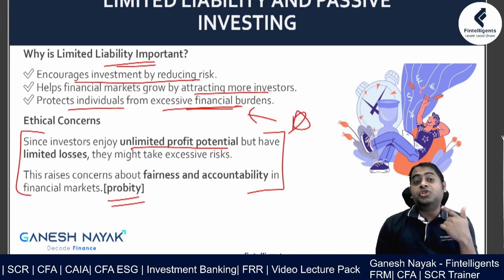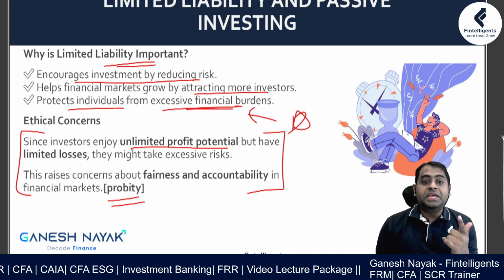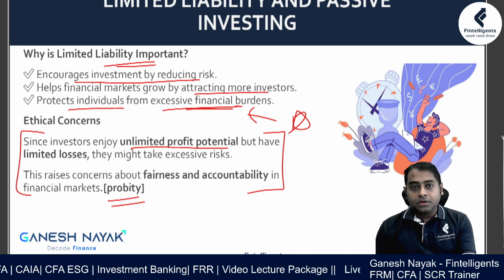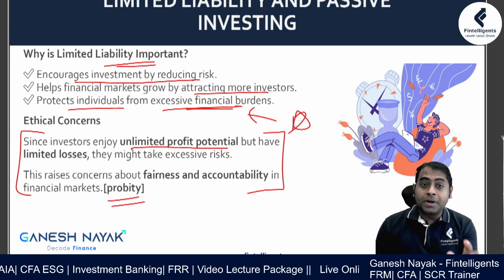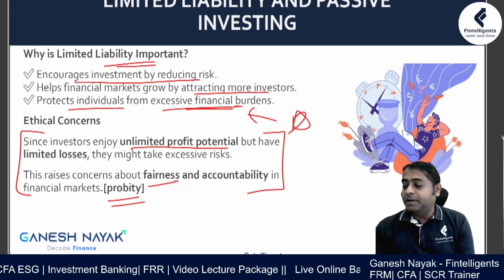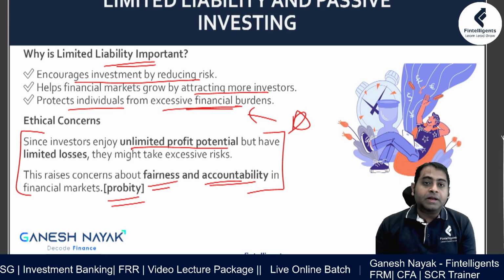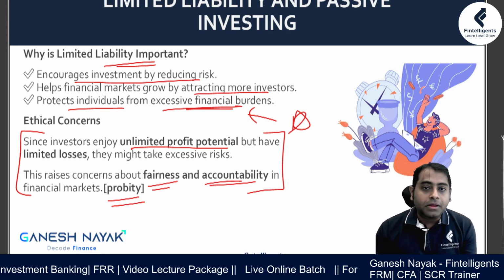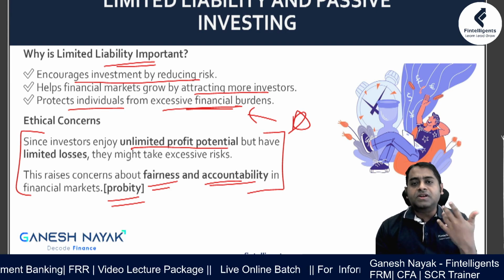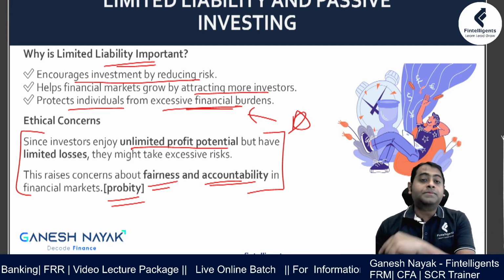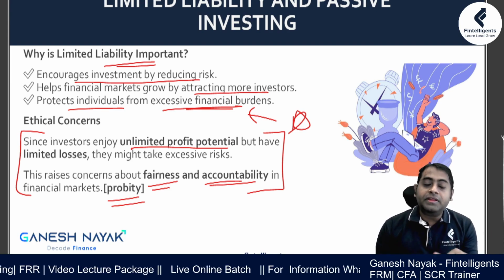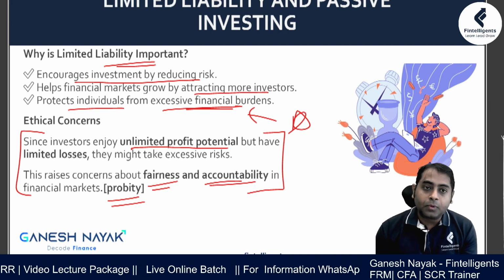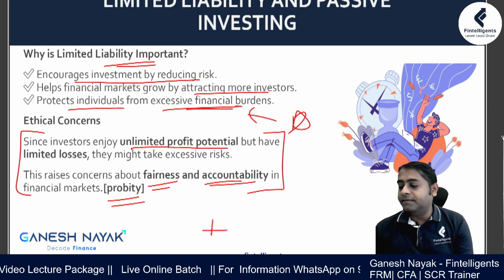So there can be chances of taking an excessive amount of risk, or there could be corporate governance issues with respect to fairness and accountability. That means they may not think about the overall market. They might take excessive risk only thinking about their upside potential, not thinking that they are doing something wrong in the market. So from that perspective, this concept is there.